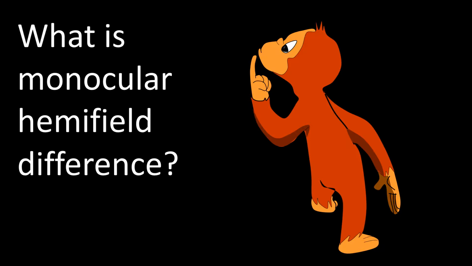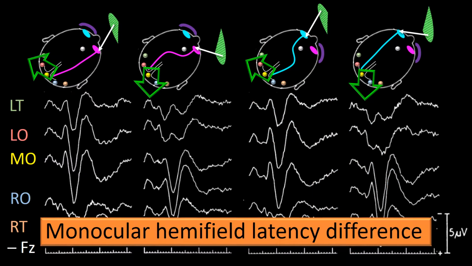Now we must address another issue, which is what is monocular hemifield difference. Monocular hemifield difference can be determined for latency and amplitude. I will start talking about latency.